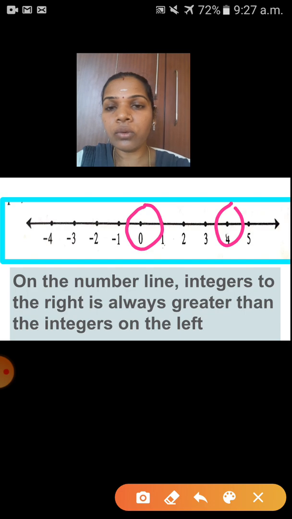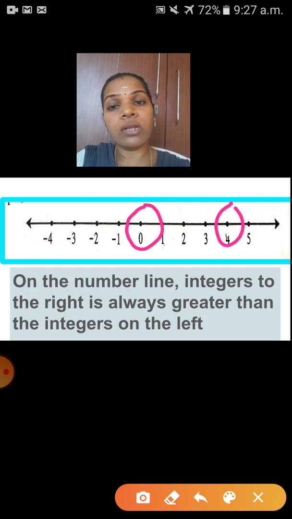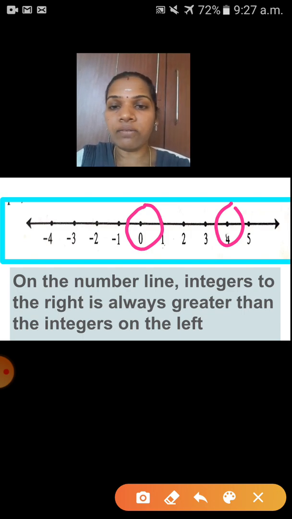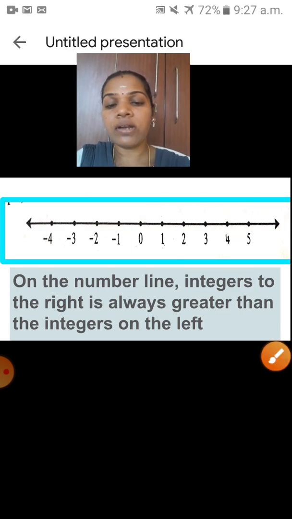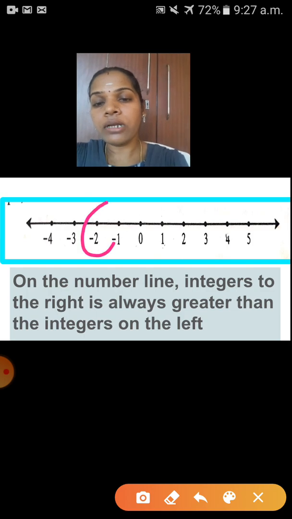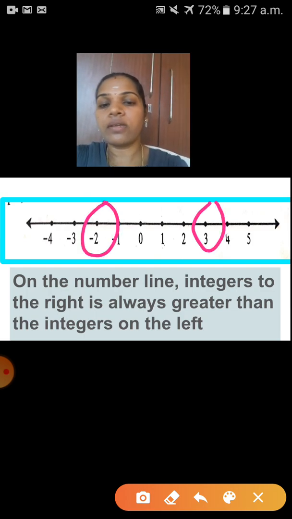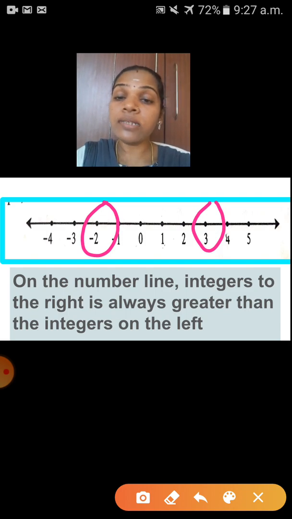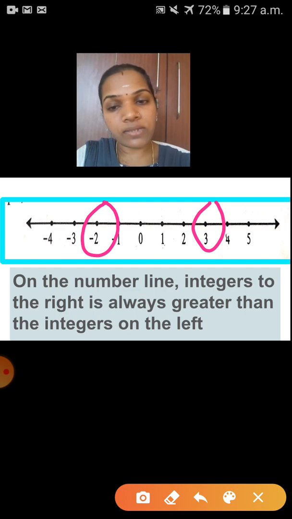So if you want to compare any integers, you have to imagine that number line. On that number line, you have to imagine whether the given number is on the right or left. Okay. Suppose any other two numbers, minus 2 and 3. Here which number is on the right side? Yes, 3 is on the right side. Which one is on the left side?